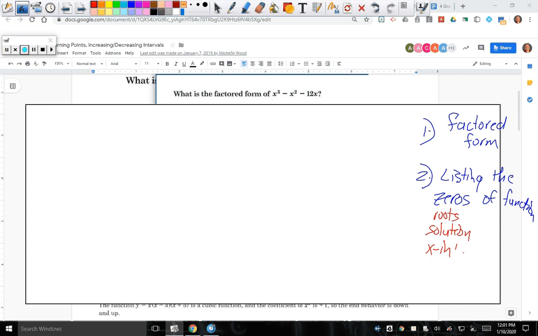Okay? So let's go ahead and factor this. Zeros of a function. Okay, here we go. What did I box?